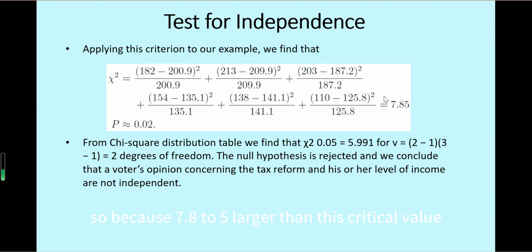So because 7.85 is larger than this critical value, in this example, the null hypothesis is rejected. And we conclude that the voter's opinion concerning the tax reform and his or her level of income are not independent.